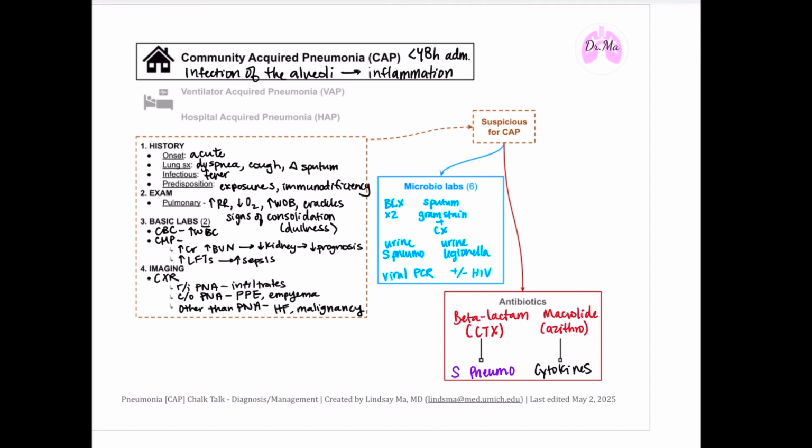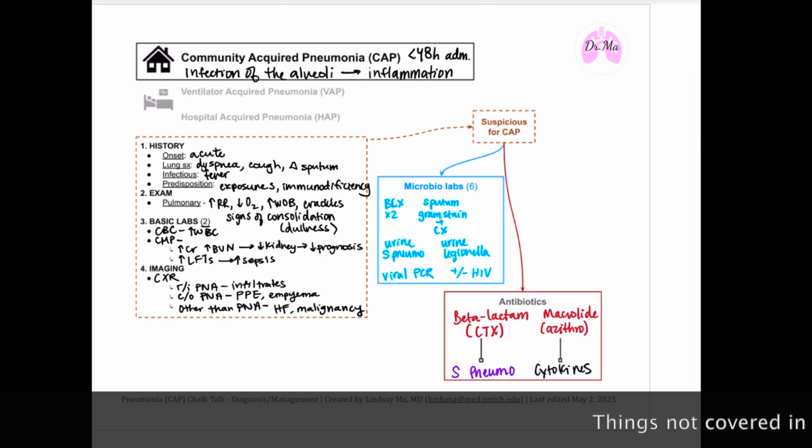And once those labs are drawn, you'll want to start empiric antibiotics with the beta-lactam and macrolide to help cover this patient until you're certain what bug is causing the infection and can narrow. And as we talked about, only 20% of the time is an organism isolated. And so the patient will very likely have to continue on with these broader spectrum antibiotics until their course is complete.